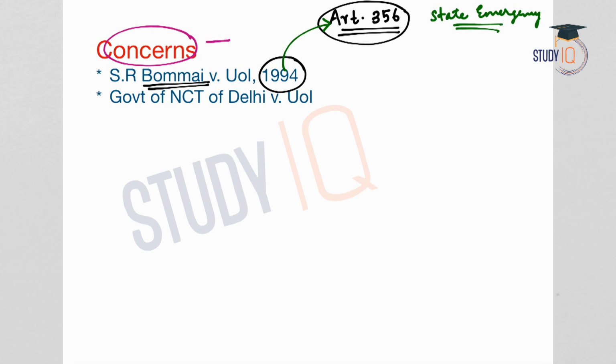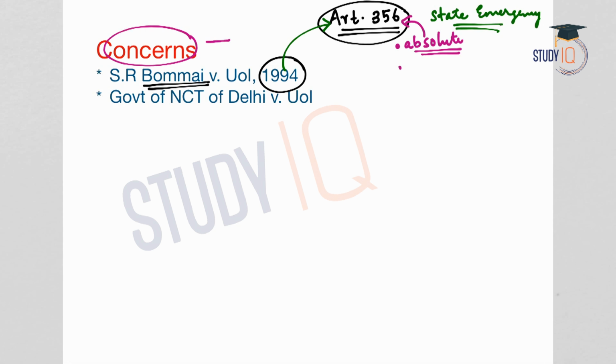Under the famous S.R. Bommai versus Union of India case, the Supreme Court held that the power of the President to dismiss a state government is not absolute. So the President does not enjoy an absolute power to dismiss the state government under Article 356 of the Indian Constitution.